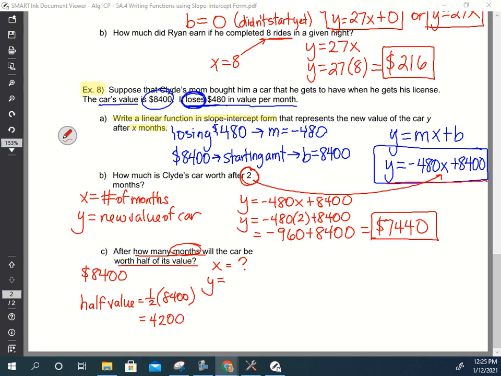Cyrus is on the roll today. I'm appreciative of that. So that means y is equal to 4,200. So we're going to take our formula, y equals negative 480x plus 8,400, and plug in 4,200.